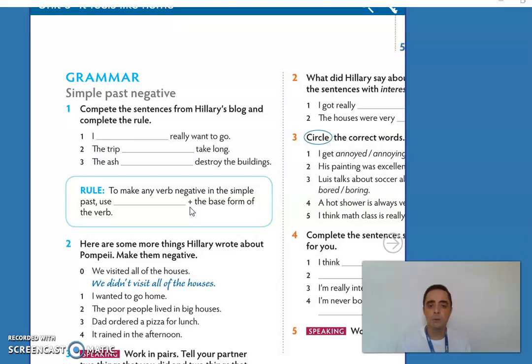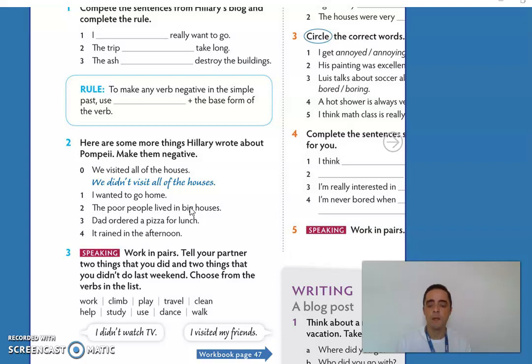In exercise number 2, let's check together. Here are some more things Hilary wrote about Pompeii. Make them negative. So we have 4 sentences. Then pause this video, take your notebook and write these sentences in the negative. Remember, we have the sentence in the affirmative.